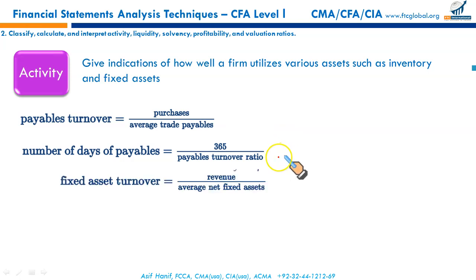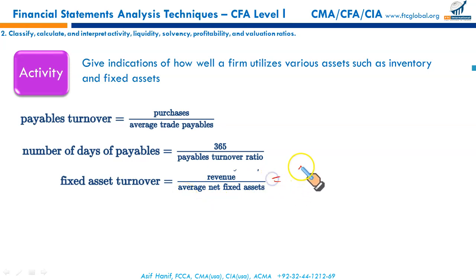Next set of ratios relate to fixed assets, how well they have been used. Fixed assets turnover. It's revenue divided by average net fixed assets. As I said, revenues from the income statement and fixed assets from the balance sheet, so they must be averaged. What does this ratio tell me?